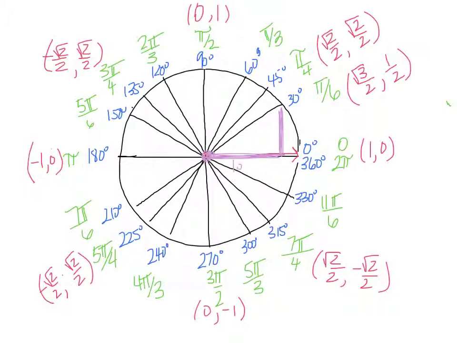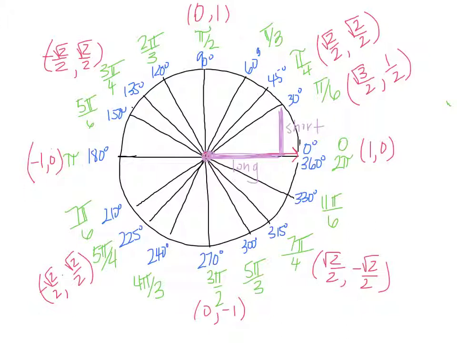I moved a long way and then a short way. Square root 3 over 2 is bigger than 1/2. So if you move horizontally the long way, square root 3 over 2 is x. Vertically the short way, 1/2 was your y. Long versus short.